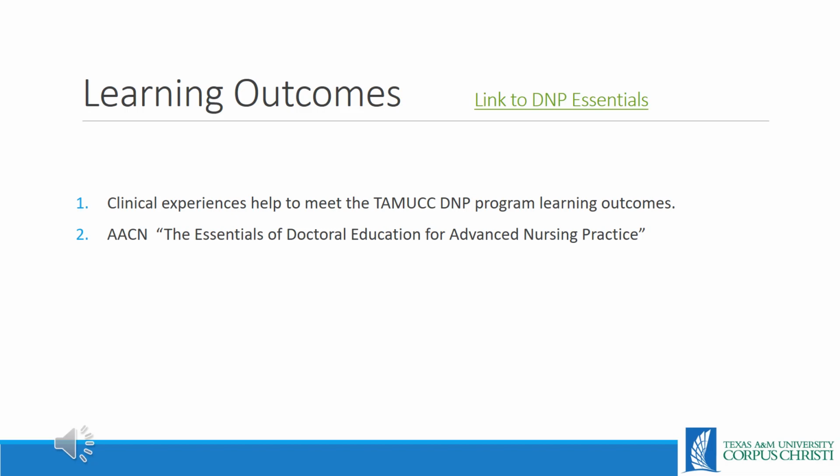You can see a link to the essentials above. It will be very important for you to have a working knowledge of the DNP essentials. Your practice experience as well as your didactic coursework are all aimed at helping you to meet the learning outcomes described in the essentials. All practice experiences in this program will be linked to one of the 8 essential learning outcomes.